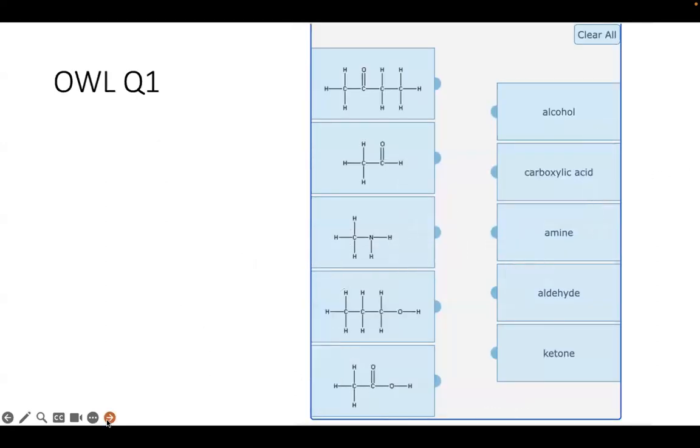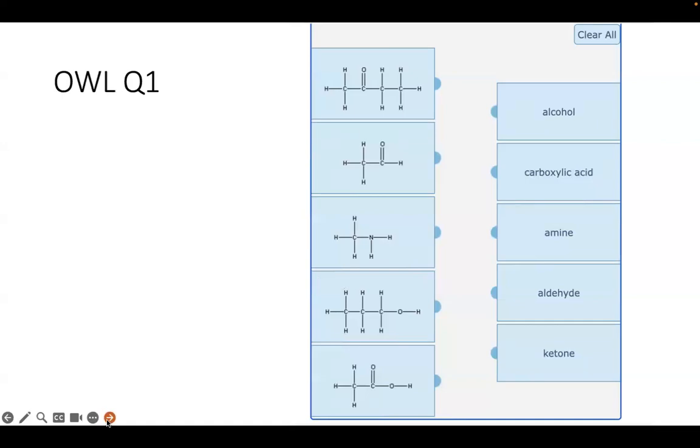So your OWL question 1, and I am confident that this is the same number, has you do this matching again, but matching now structures with the functional group present. So again, you're going to want to familiarize yourself with that slide before you try to tackle this, but I got these ingrained in my brain.